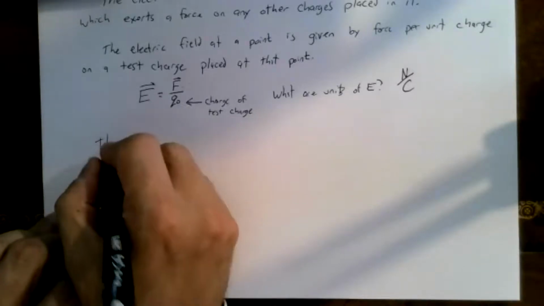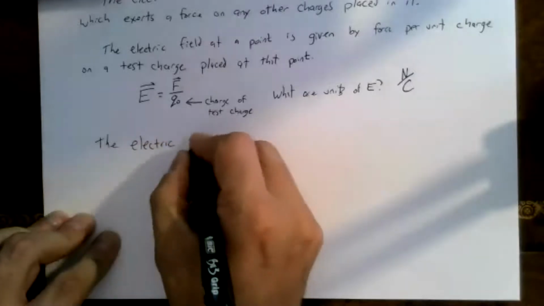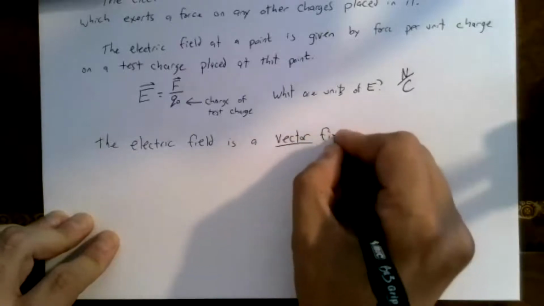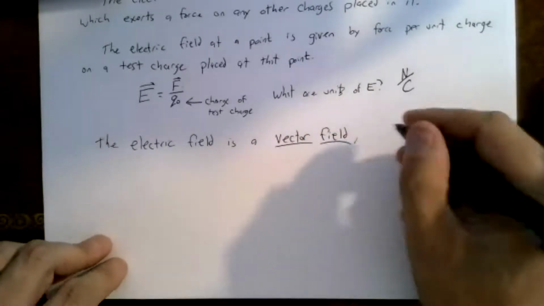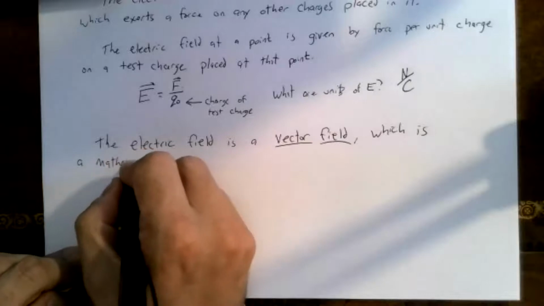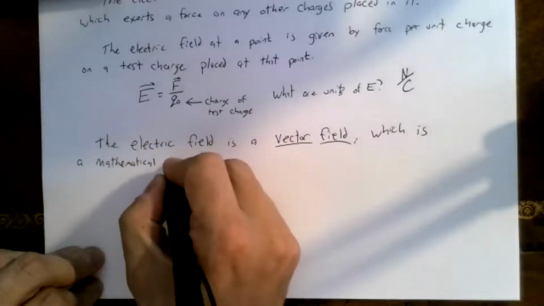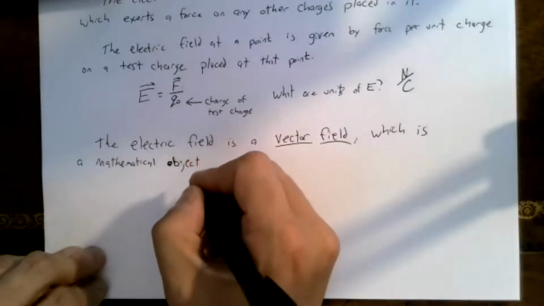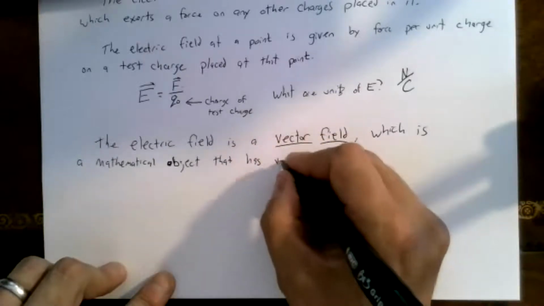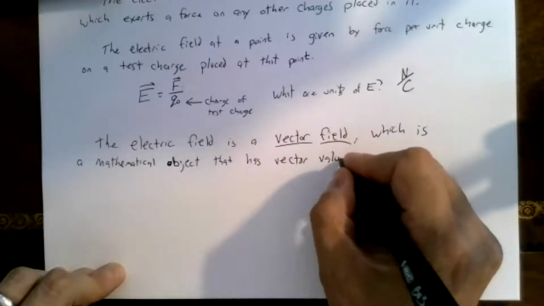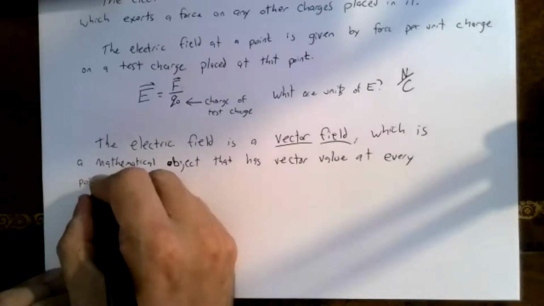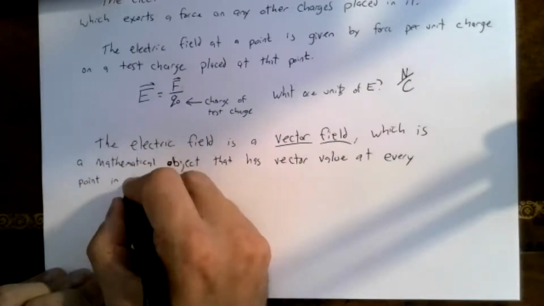So we need to remember that the electric field is a vector field, which is a mathematical object that has a vector value at every point in space and even time.